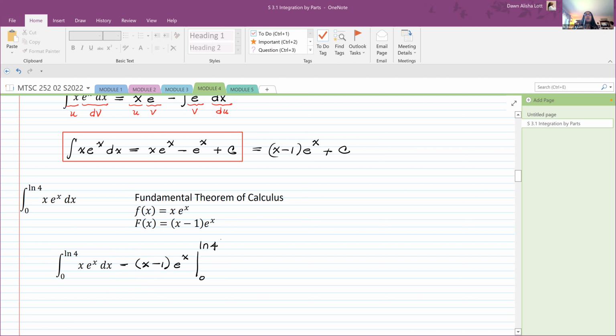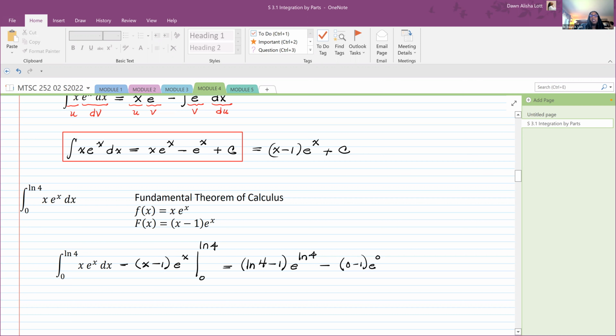So for integration by parts, I can complete my integral as such, and then plug in my limits of integration. The first piece gives me natural log of 4 minus 1 times e to the natural log of 4. And then I subtract off 0 minus 1 times e to the 0.